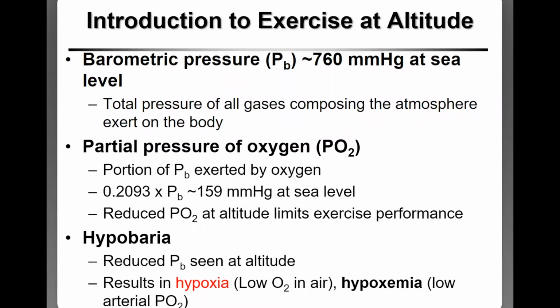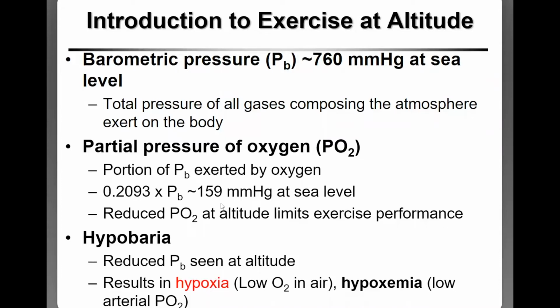So at sea level, if we wanted to determine the partial pressure of oxygen, all we would have to do was multiply our barometric pressure, which is 760 millimeters of mercury, by 21%, which is the percentage of oxygen in atmospheric air. And we would get a partial pressure of 159 millimeters of mercury.